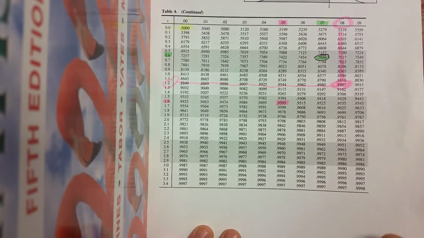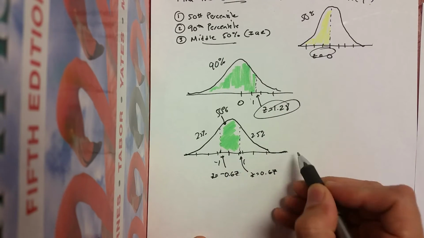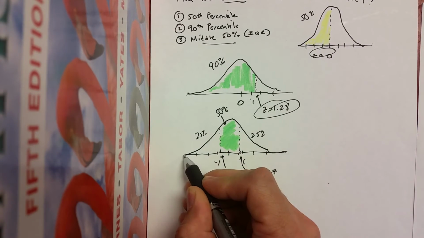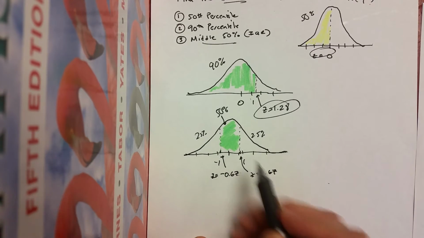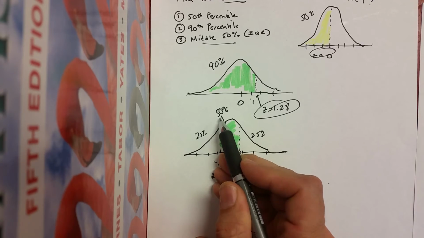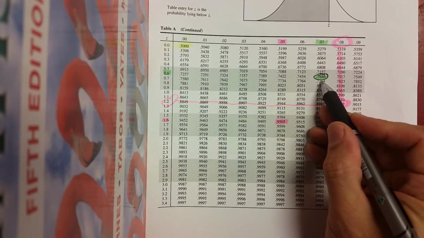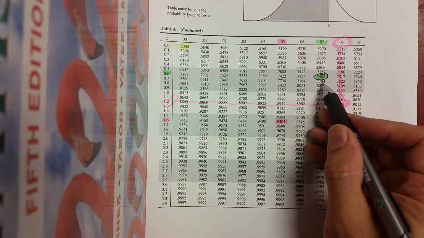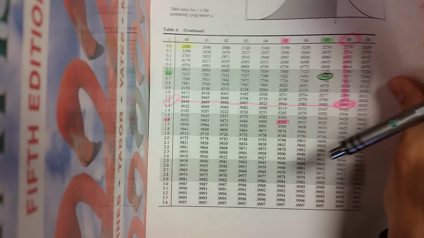Is that the right thing? Heck yeah, because this boundary would actually be the 75th percentile: 75% would be less than this boundary, 25 plus 50. Now, 0.7486 isn't exactly 75%, but it's pretty close. It's off by 0.14%, and for our purposes, it's close enough.